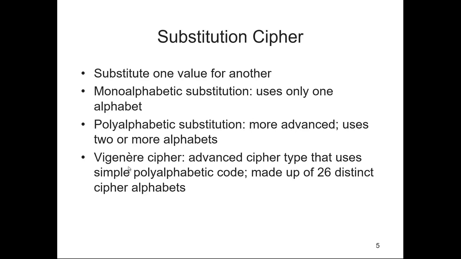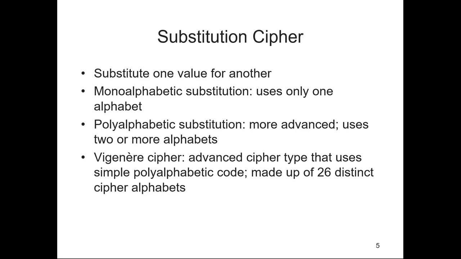This type of substitution is based on monoalphabetic substitution, since it only uses one alphabet. More advanced substitution ciphers use two or more alphabets and are referred to as polyalphabetic substitution. Caesar reportedly used a three-value shift to the right, giving the particular substitution cipher his name, the Caesar cipher.